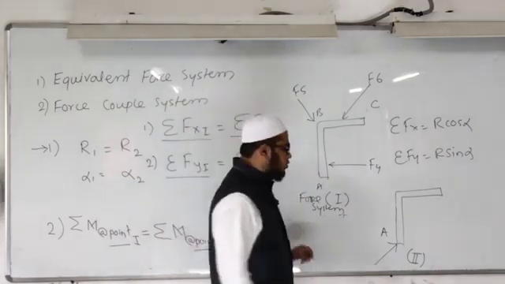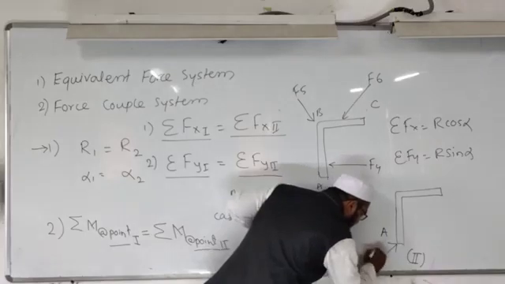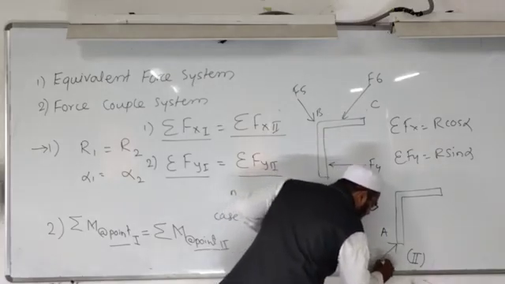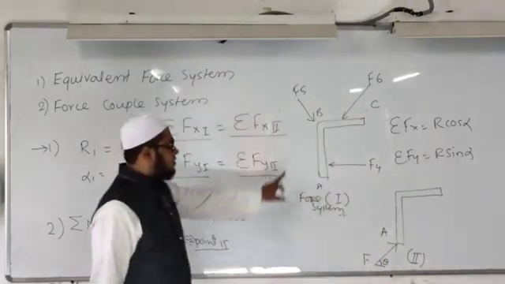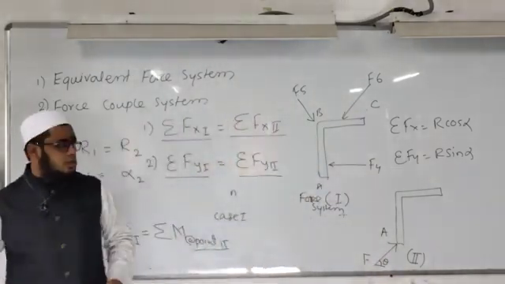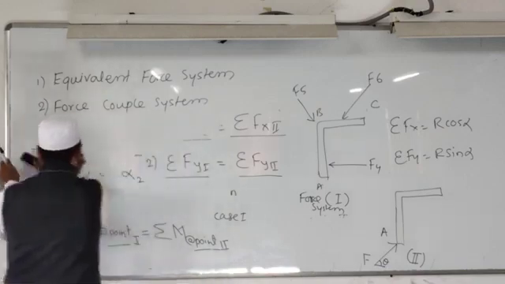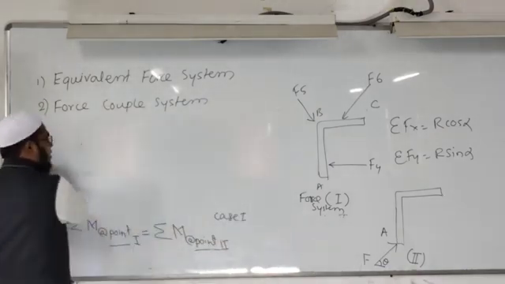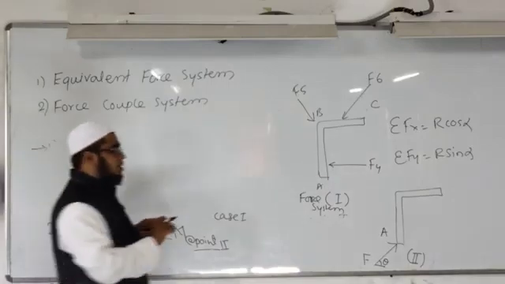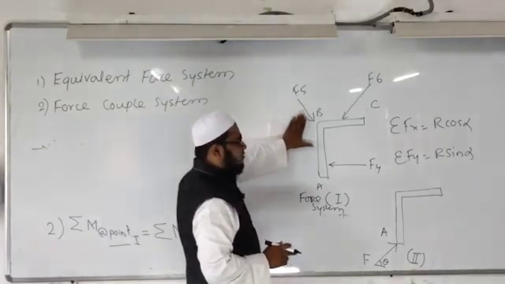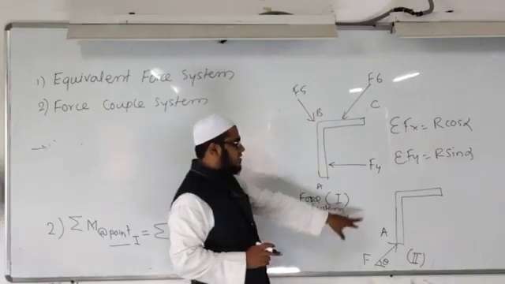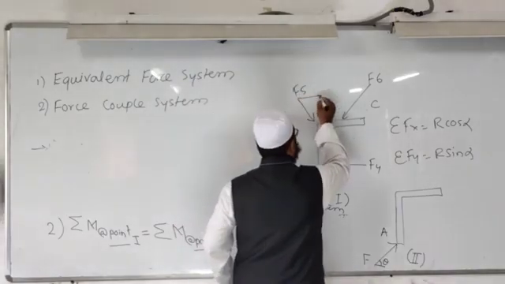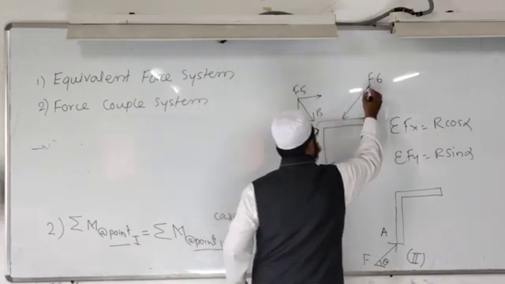In the second force system we don't know the magnitude of the force acting at A, so we will consider it as F. What is the angle? We will consider it as theta. Now the first force system and second force system are in front of you. Now what will I do? I will obtain the summation Fx of first and summation Fx of second. Very simple. For obtaining horizontal and vertical components, I have to resolve.